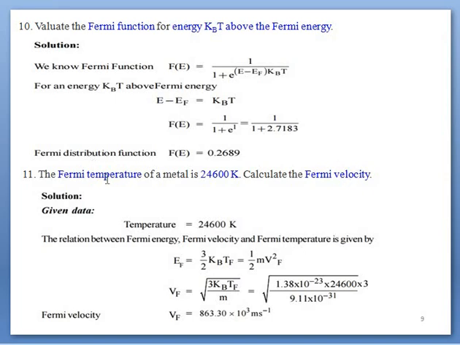The Fermi temperature is given. So with the help of these two terms, Fermi velocity will be equal to the square root of 3 kB TF upon m, as the 2 will be cancelled. So Vf is equal to this one. The temperature is given, and with the help of this, the velocity is calculated.